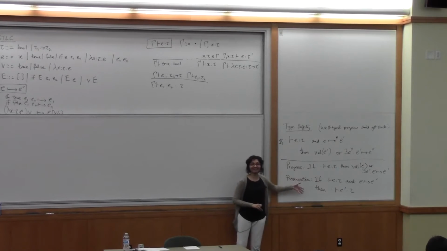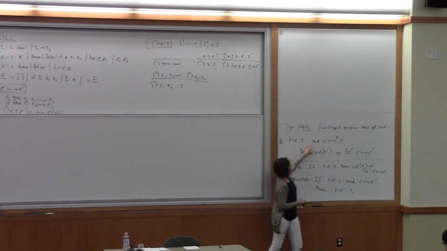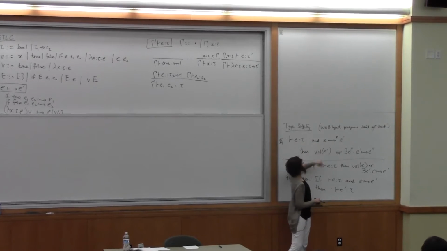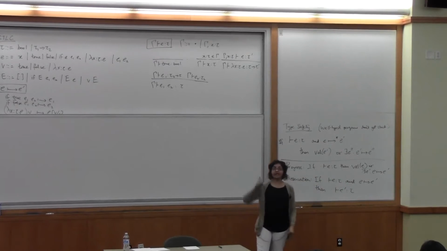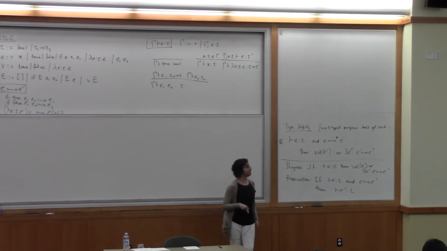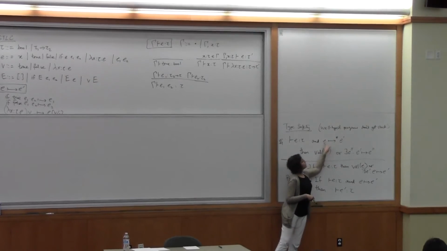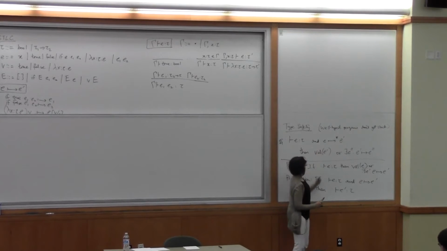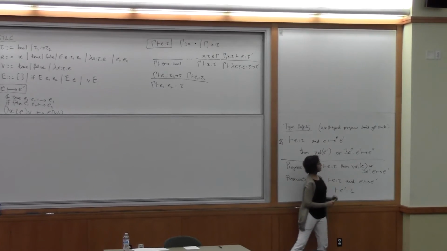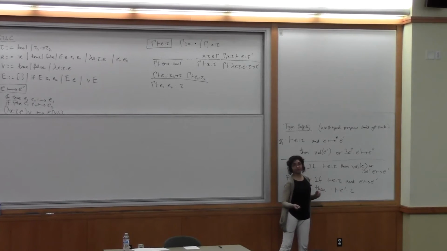It's a ping pong thing. If you want to prove this, for however many steps, you assume that E is a well-typed program, and you assume that it takes some number of steps to E prime. Now you have to show something about E prime. So you can do an induction on the length of this reduction sequence. For every single step along the way, progress says I can take another step, and preservation says that my new term will have the same type.